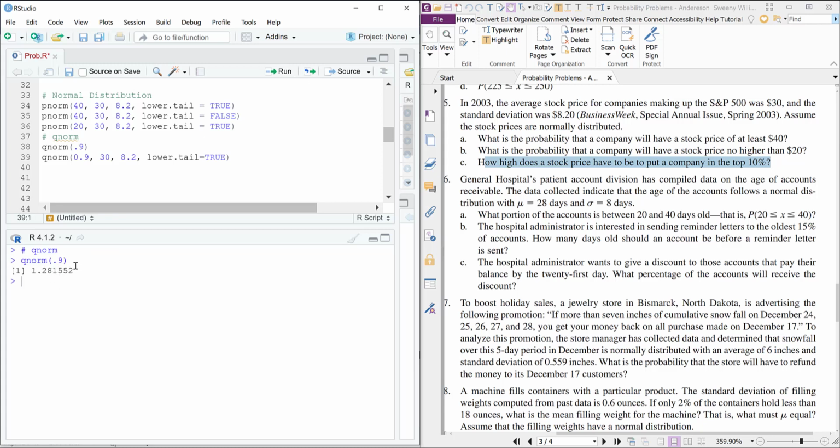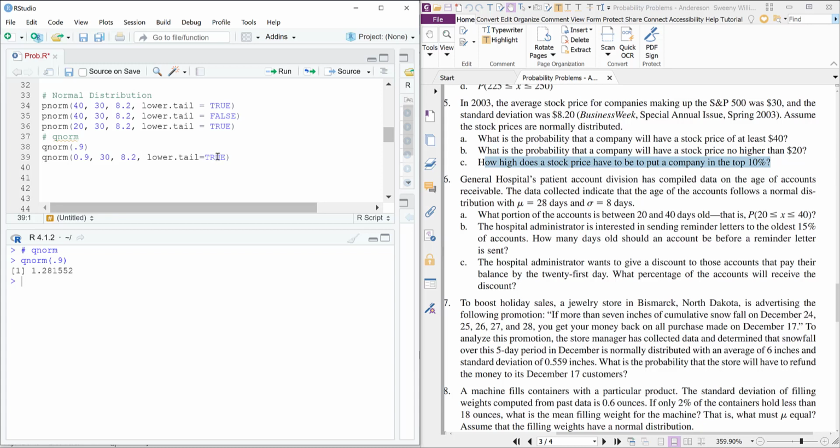And similarly we can also extend this by giving more input. So in qnorm this is 90% probability, and we can also add a mean and standard deviation, and whether we are talking about lower tail or not, that's true.